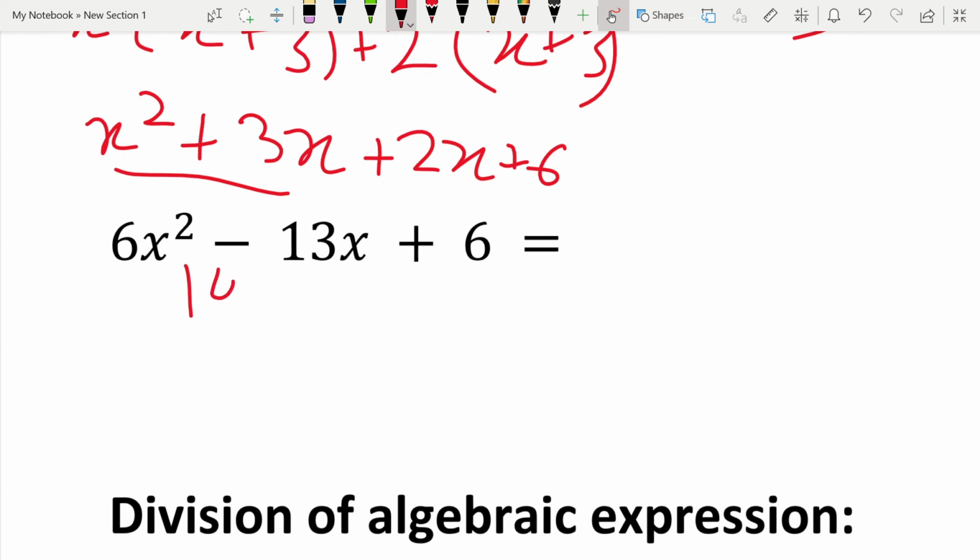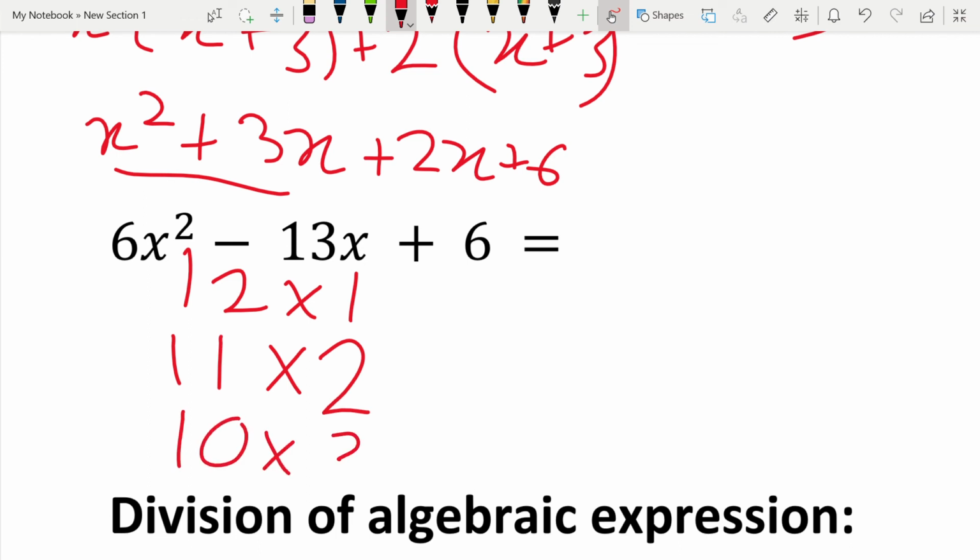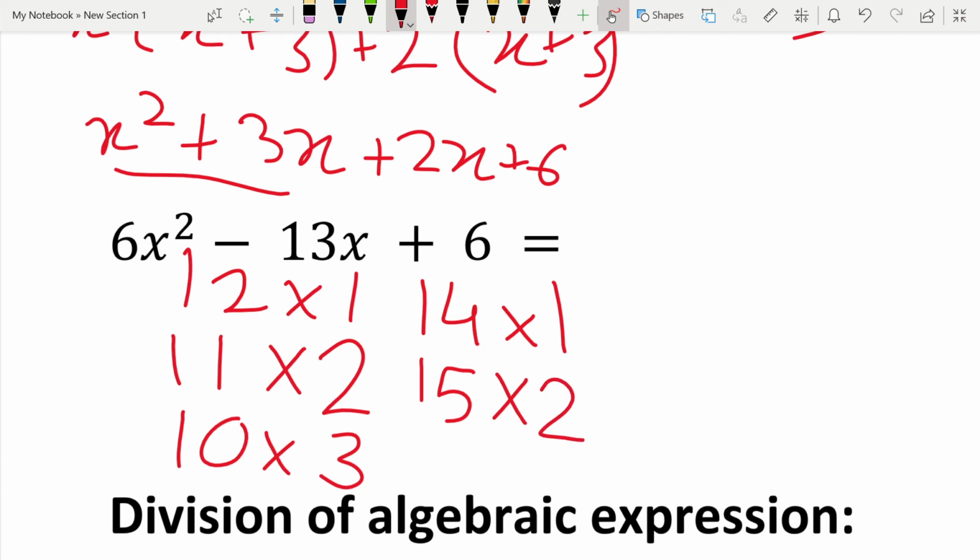We can see 12 and 1. No, that makes 12. 11 and 2. 10 and 3. What about 4 and 1? 15 and 2. No. Then 16 and 3.